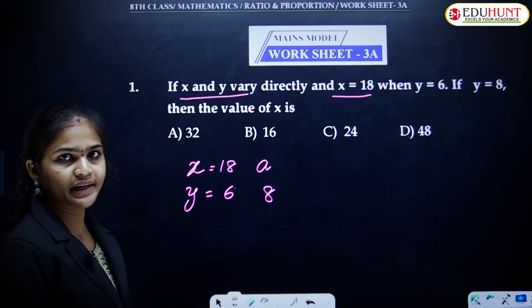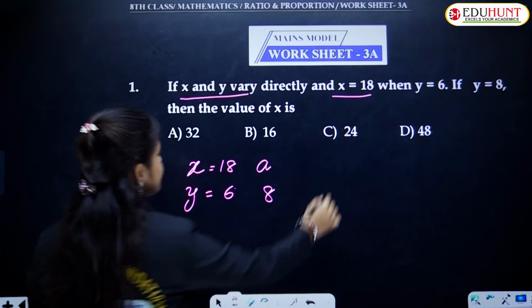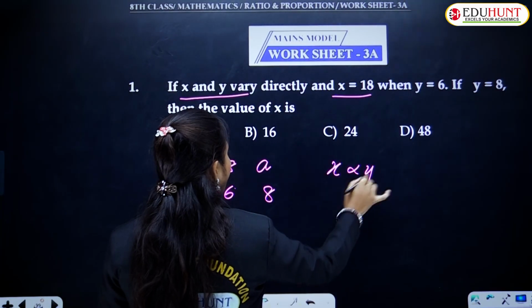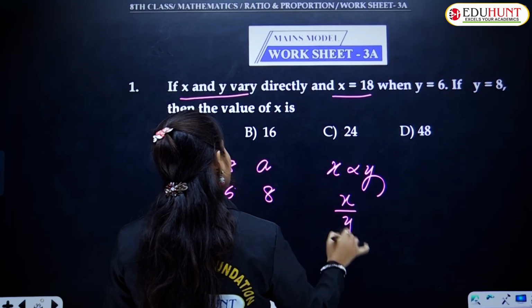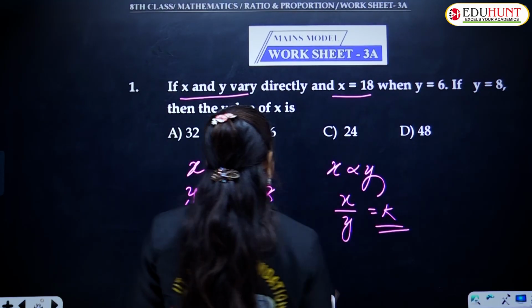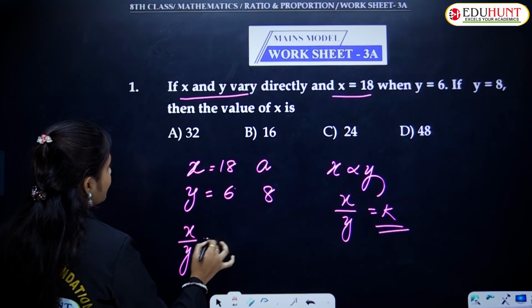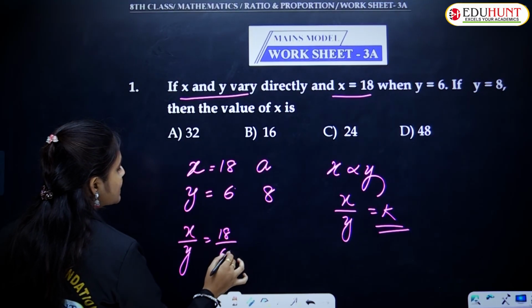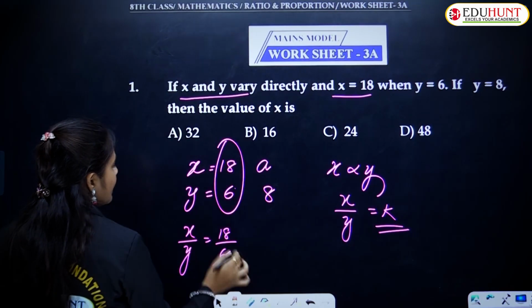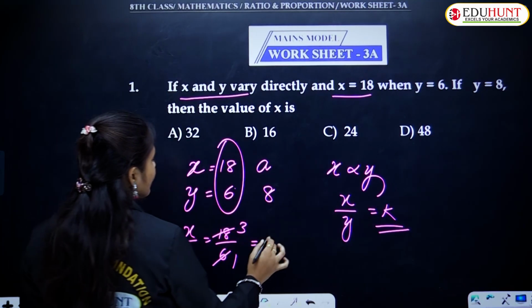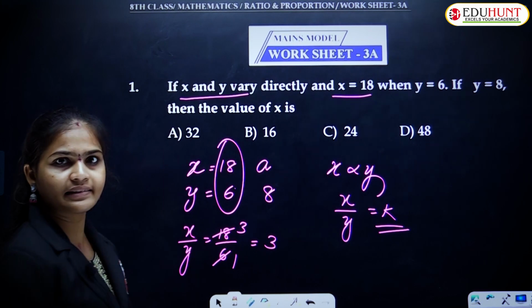This value we need to find out. We know that if x is directly proportional to y, then its ratio is constant. Apply the same concept: x by y is equal to 18 by 6, which is 3.